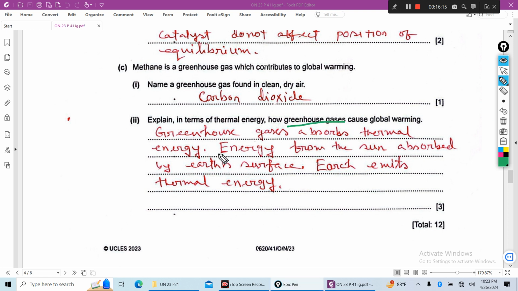Greenhouse gases absorb thermal energy from the sun absorbed by the earth surface. Earth emits this thermal energy. So this is the cause of how greenhouse gases cause global warming.